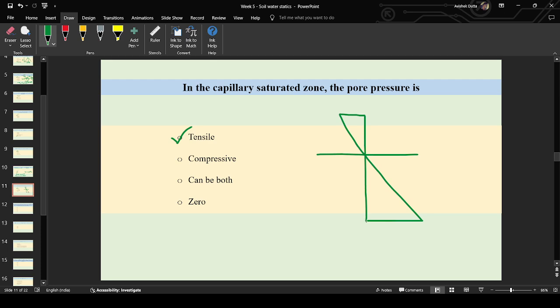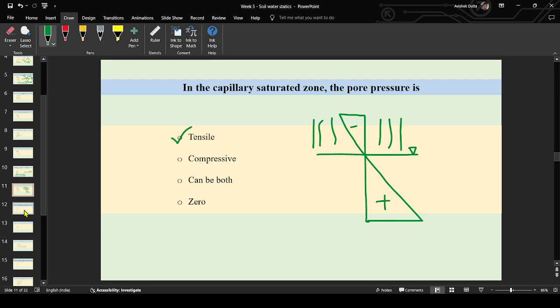This is the water table, and above it the soil is saturated with capillary action. Here compression is positive, acting downwards. It will be negative here, so it means it is tensile. Okay, good. In the capillary saturated zone, the pore pressure is actually tensile.